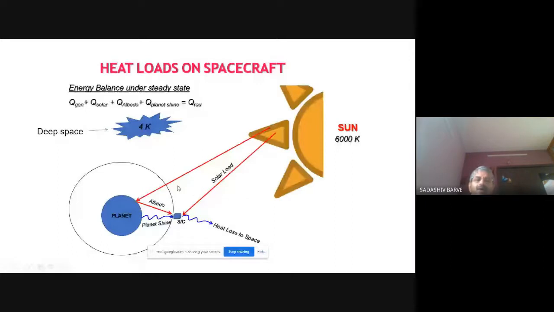It is thrown back toward the satellite surface, and only a portion of that energy is intercepted by the satellite; that is albedo. And third is the planet load or Earth-shine load, which by virtue of Earth's average temperature it gives to the satellite.